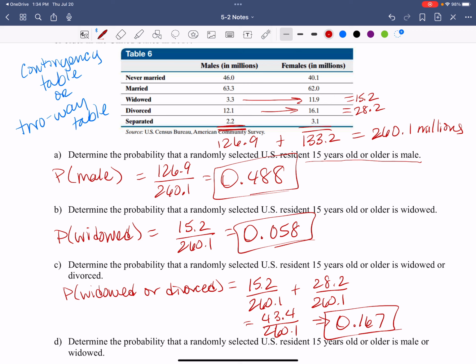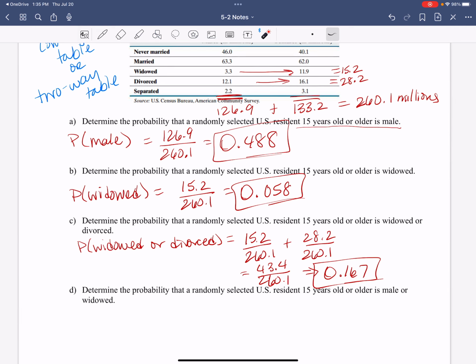Right? Widowed or divorced. There was no gender associated with that one, right? So I didn't look at male or female in particular, just widowed or divorced. They're disjoint. They don't have anything to do with each other. They're not crossing over in columns at all. They're 2 separate rows. I don't have to worry about any events in common, right? Nothing's in common there.